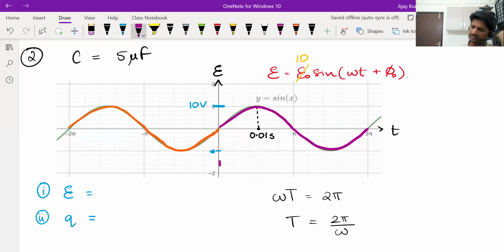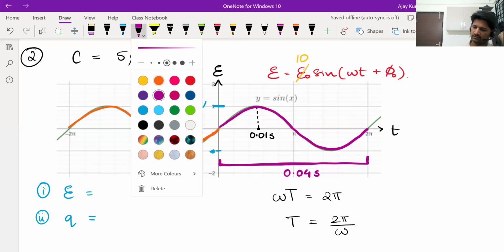Duration of each of these parts means what is the time interval from here to here? 0.01 into 4. Correct. 0.01 is 1/4 of the cycle. So total cycle will be 0.04 seconds.